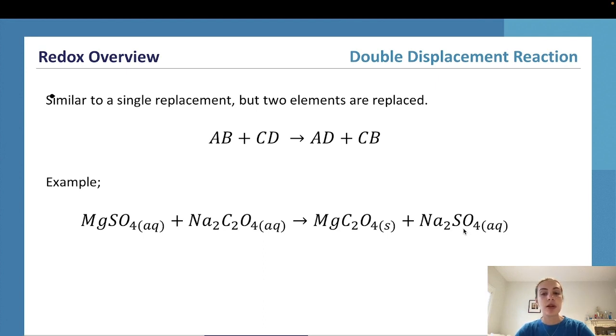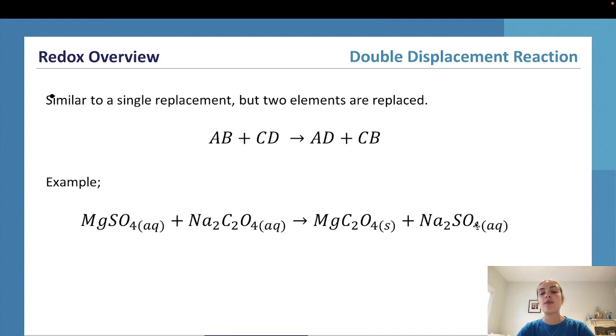With our sodium sulfate, we first of all want to go to rule 3. Rule 3 tells us that each sodium has a charge of plus 1, and so that is the same as previously.